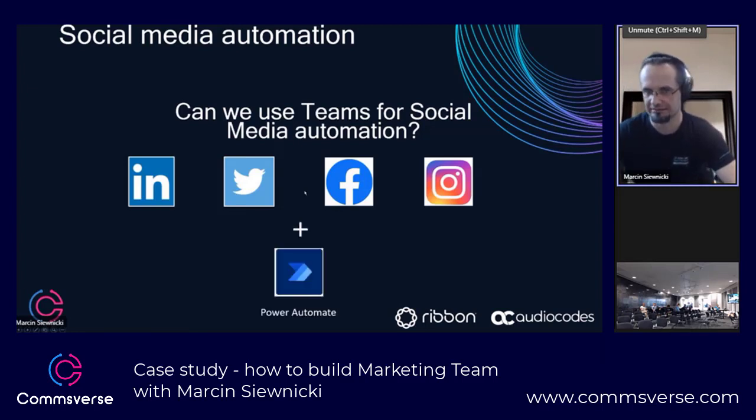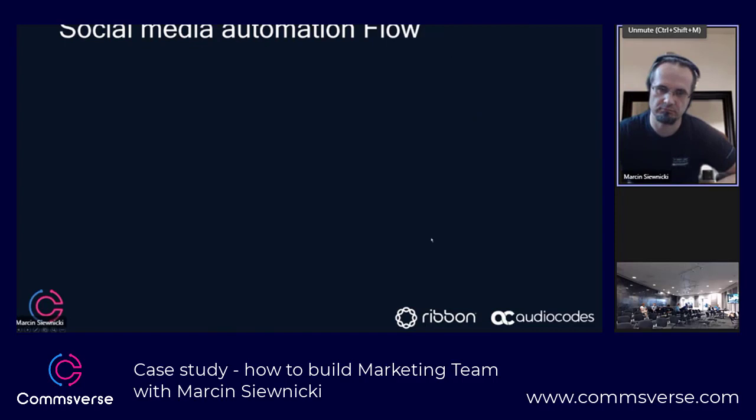So we can create some automation using Power Automate, and it can be easy, it can be tricky. For Facebook, of course, it can be tricky, but let's check how we can use it. And this is a scenario, maybe not so easy, but based on one of my customers.